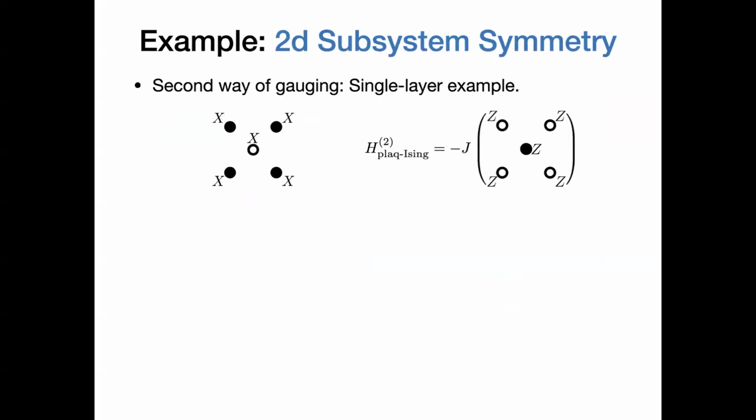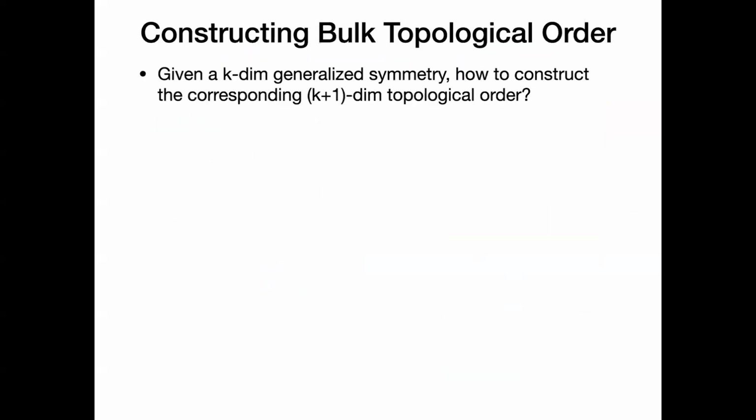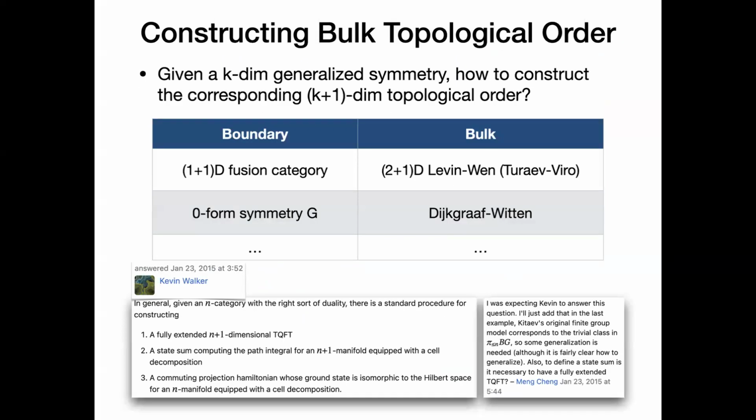But they have both field theory construction and lattice model construction. So there seems possibly to be some embedding or correspondence between this lattice gauging and this field theory level gauging. Is that true?